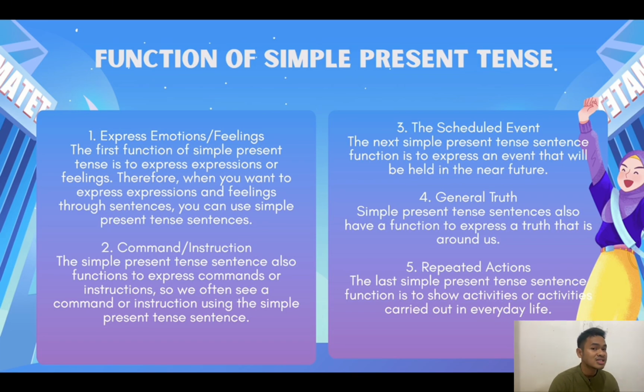Fourth, general truth. Simple present tense sentences also have a function to express a truth that is around us. Fifth, repeated actions. The last simple present tense sentence function is to show activities carried out in everyday life.